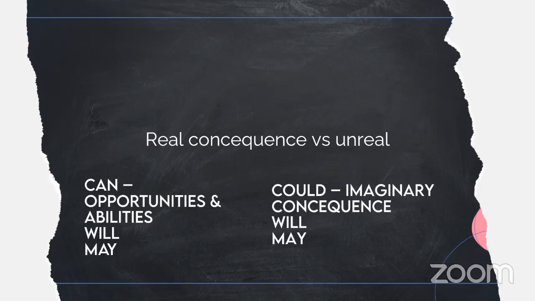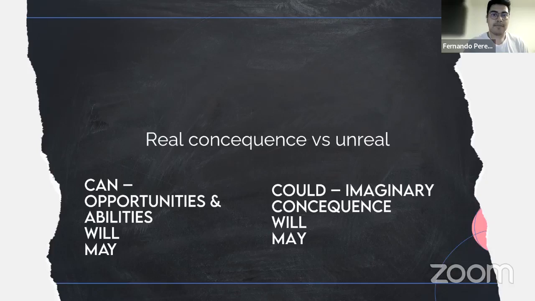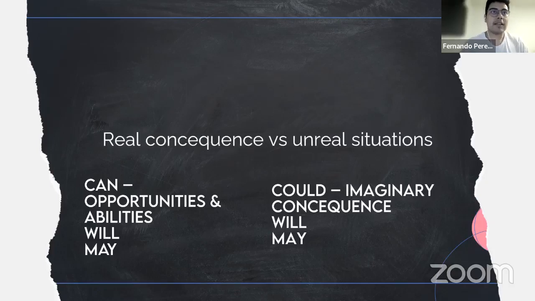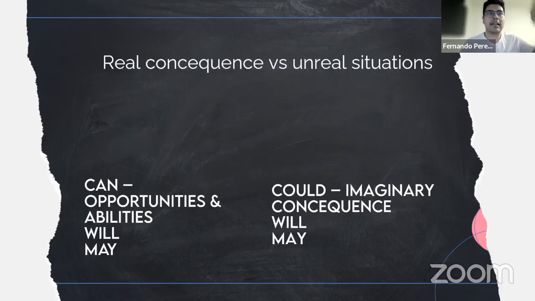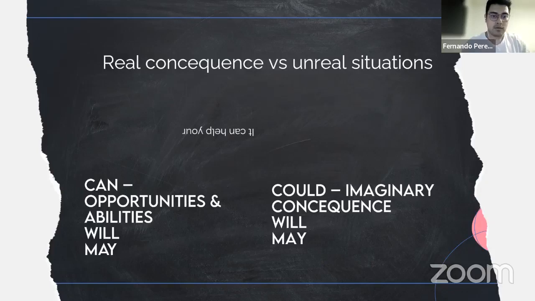So a real consequence is... real situations. A real consequence, number one, is when it can help you. It can help your reality in this moment. Okay, I got it. It can help your current reality.